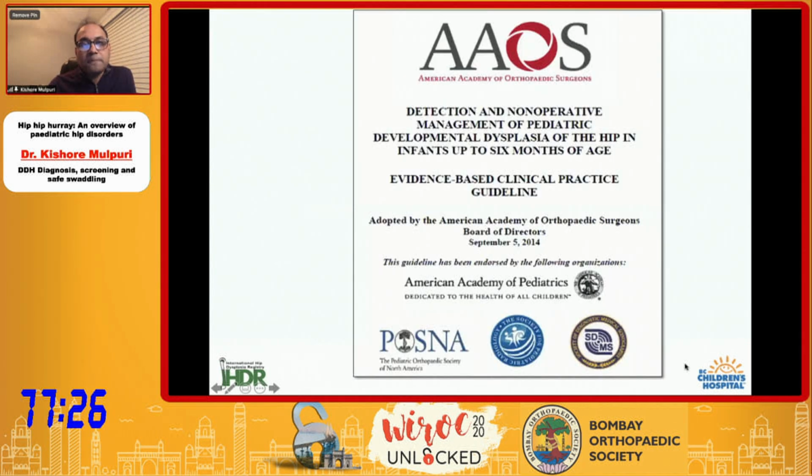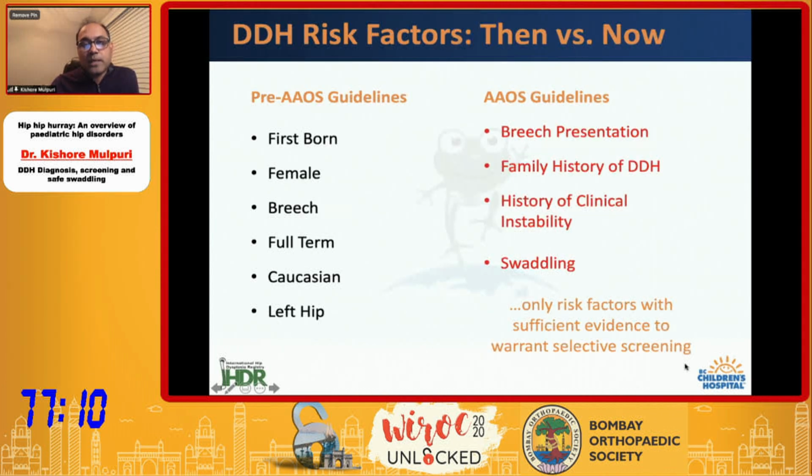Now, what kind of screening should be done? I'm not going to spend too much time. Al is leading one for POSI and IAP and other partners. Very soon in India, we'll have India's own guidelines for how to screen and what risk factors we should pay attention to. But these 4 risk factors are important to keep in mind: breech, family history, history of clinical instability, and swaddling.